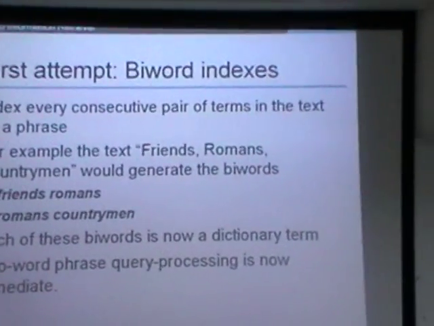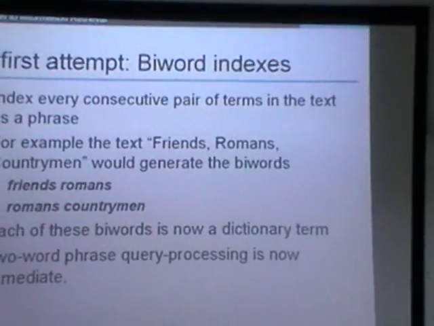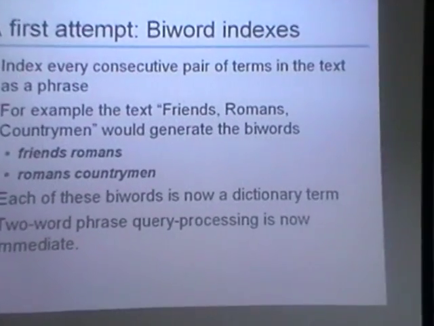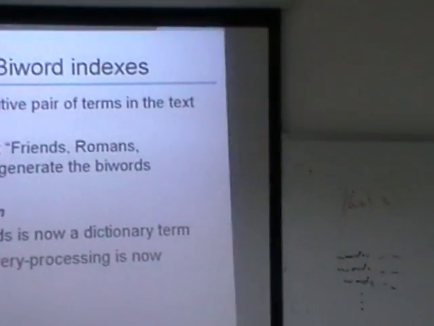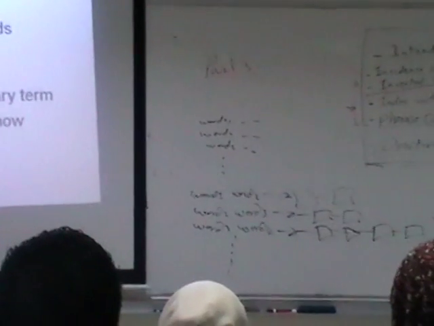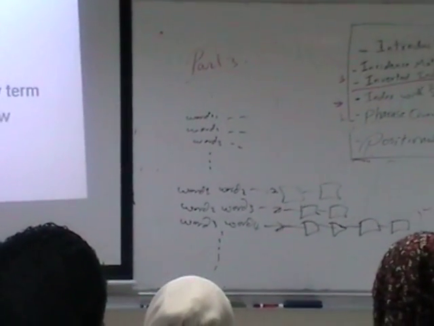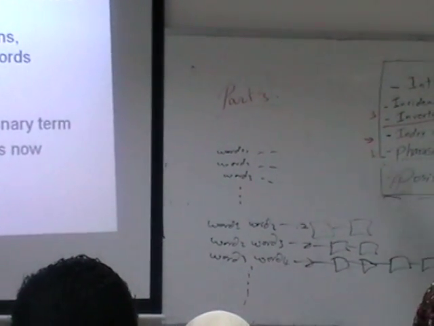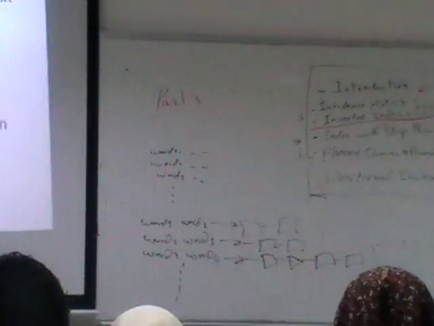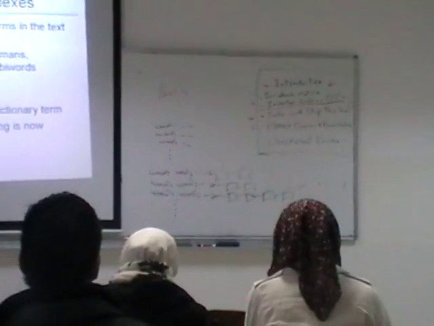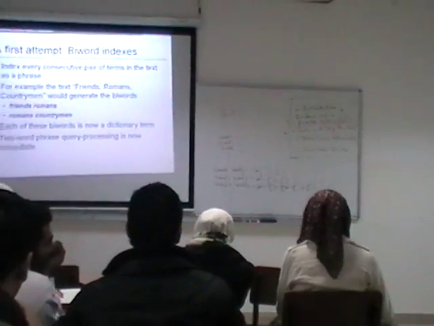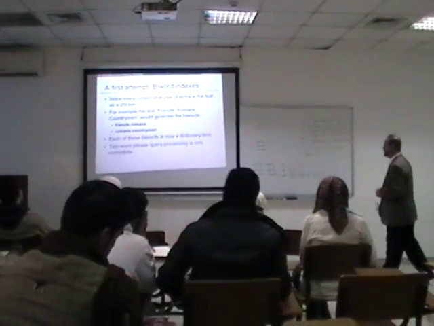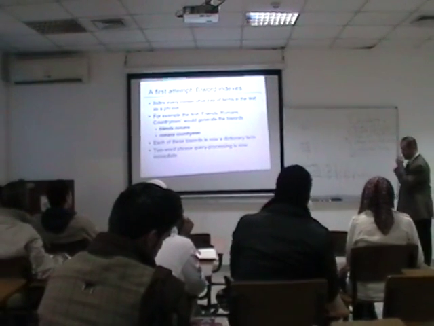One solution is to add 3 words as an entry in the dictionary and their posting list, all possible 3 words. And let's say another user has 4 words or 5 words or 6 words. So the dictionary will grow so much and it will occupy so much space on the hard disk. So this is one disadvantage or shortcoming of building the index this way to handle phrase queries.